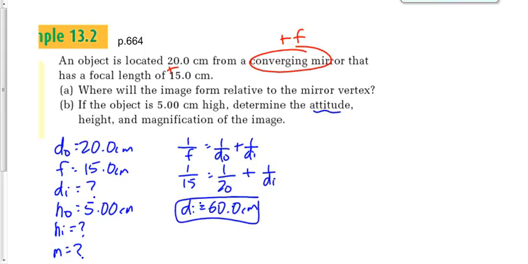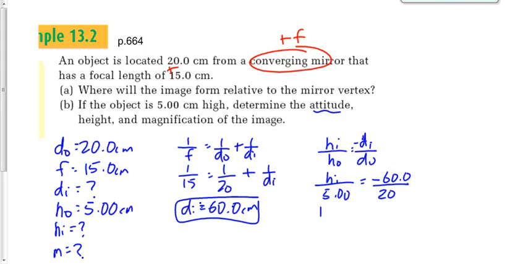One thing down. Now let's see if we can find HI. HI over HO equals negative DI over DO. HI over 5.00 equals negative 60 over 20. We're going to say HI is negative 15.